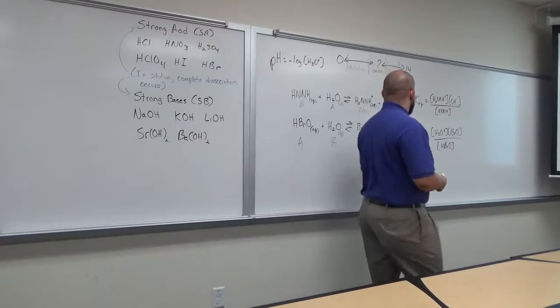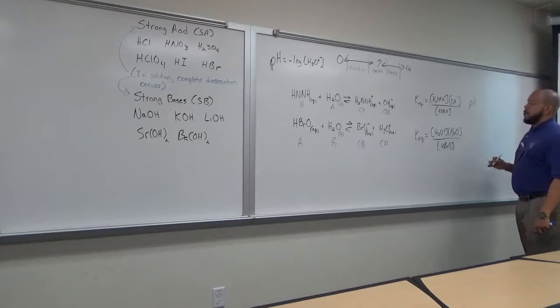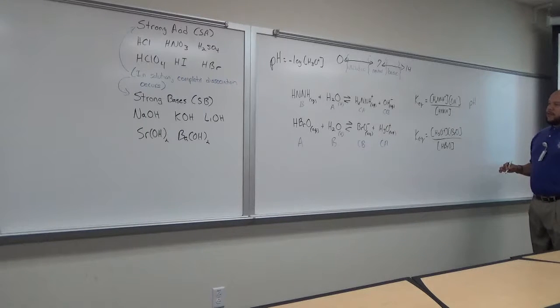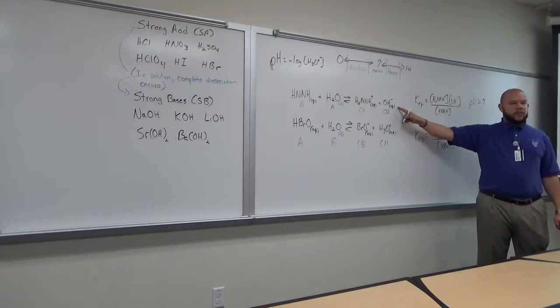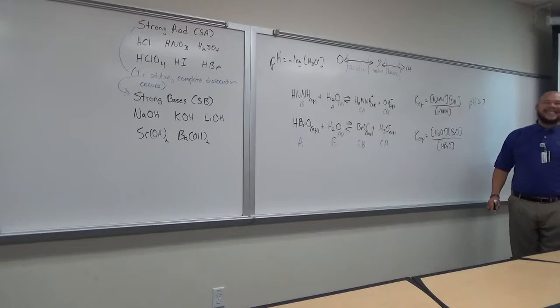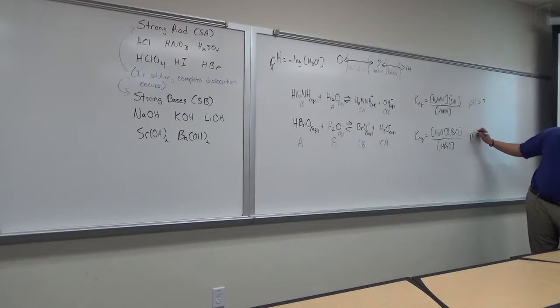For the pH of this first one, we expect the pH to be greater than 7. OH minus. When you've got OH minus around, you expect basicity. And here, we expect the pH to be less than 7.